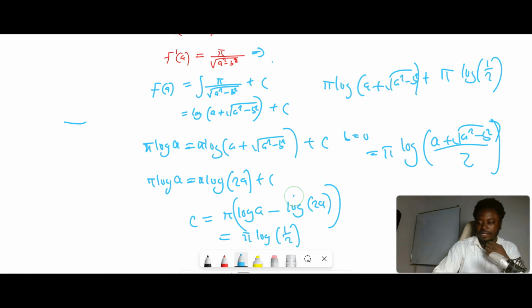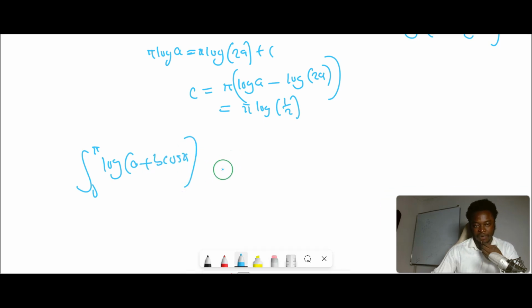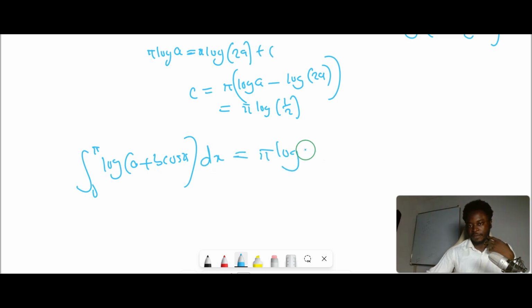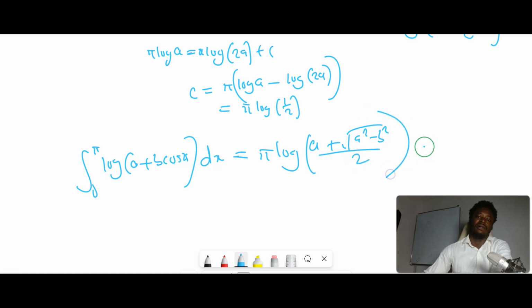So essentially we have evaluated this integral from 0 to pi of the logarithm of a plus b cosine x dx to equal pi times the logarithm of a plus the square root of a squared minus b squared, all divided by 2, and that is all.